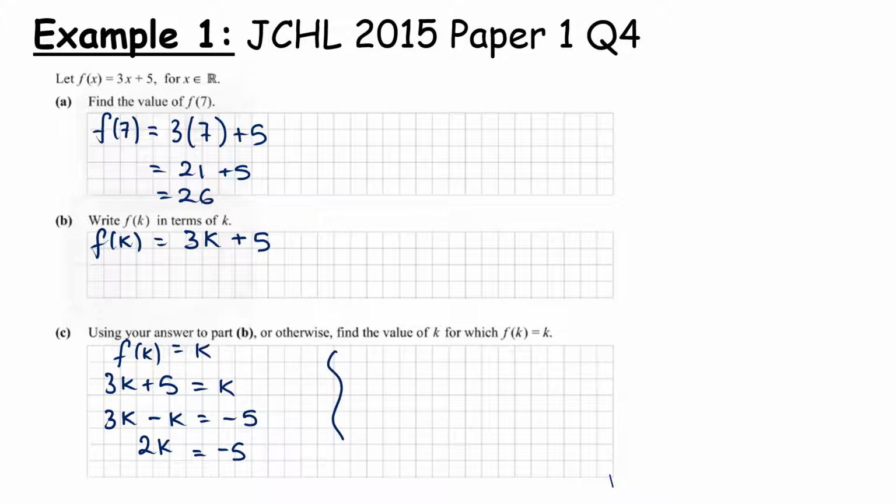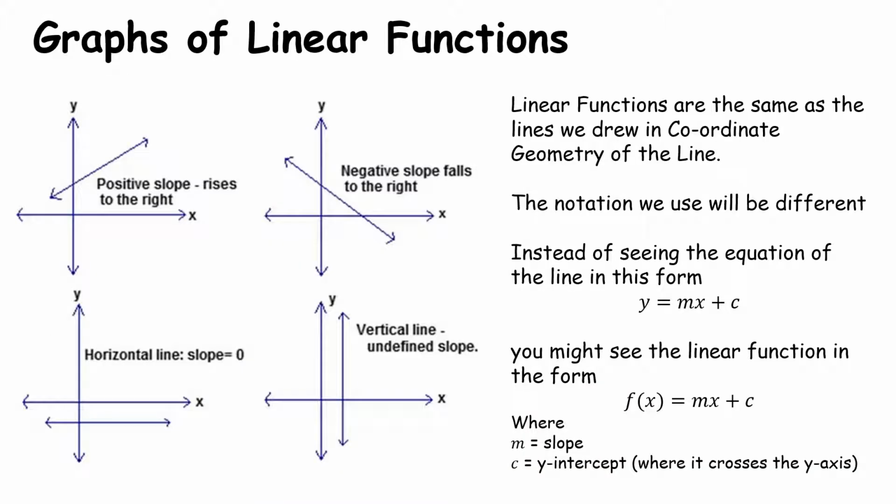Divide both sides by 2, and we get k is equal to minus 5 over 2, or if you prefer, minus 2.5. So it is really important that you recognize whatever value they give you in the bracket, that is our input, and we put that exactly where the x had been.